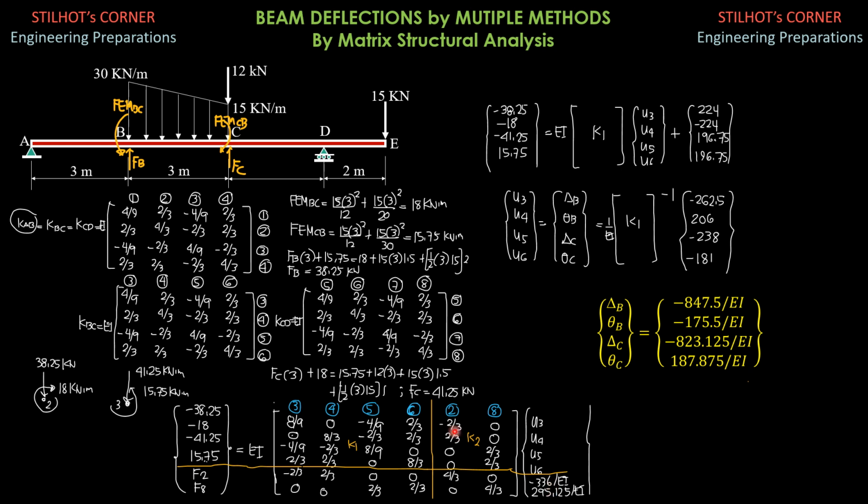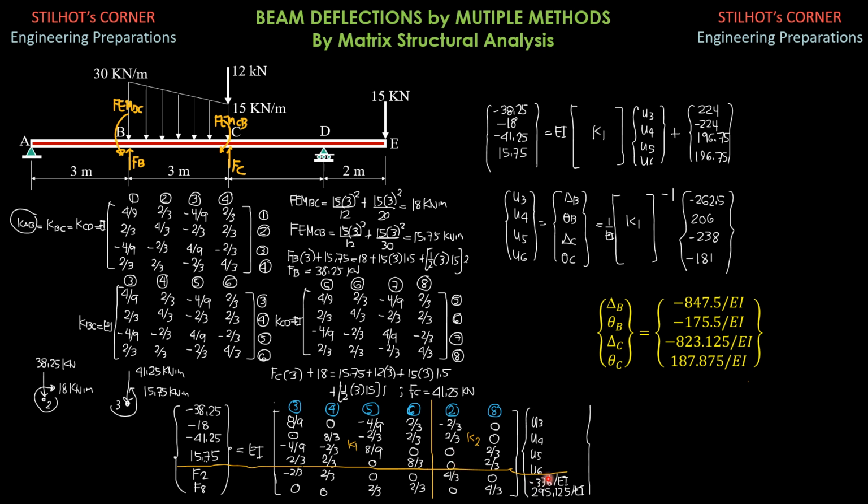So for instance, this matrix K2 times this matrix here: negative 2/3 times negative 336 over EI, because there is EI here, cancel EI, negative 2/3 times negative 336 is 224, plus 0 times 295, so 224. 2/3 times negative 336 plus 0 times 295 is negative 224.